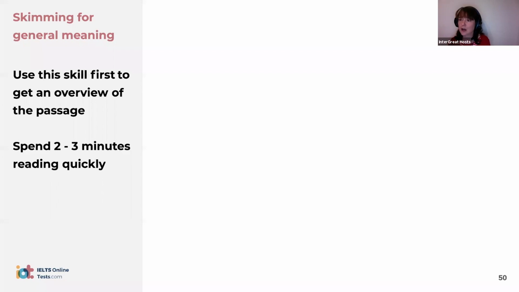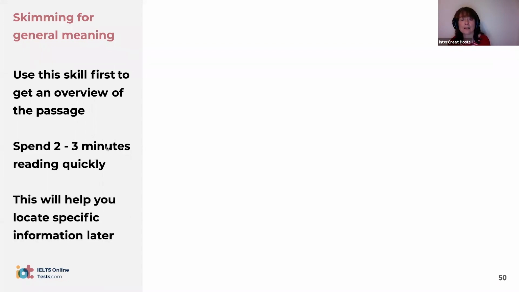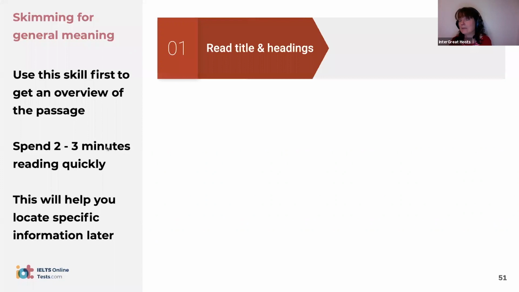You can get an overview, as somebody said, sorry, your name went away, but one way of getting a good overview is to just read the topic sentences. But before we do that, right at the beginning, obviously the first thing we need to do is read the title, read any subheadings.